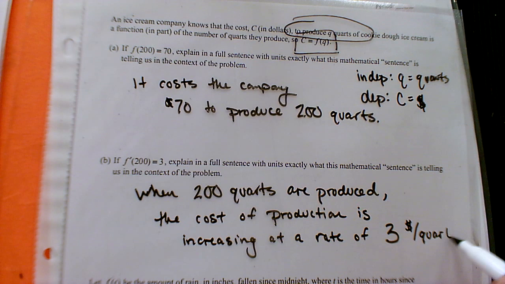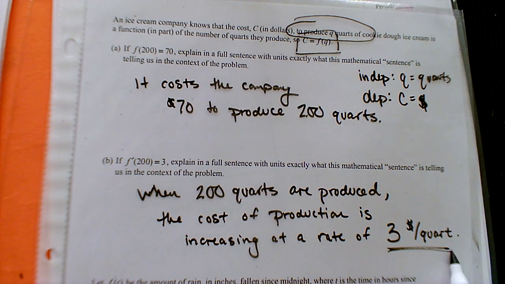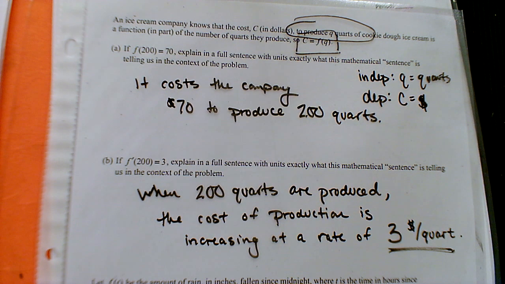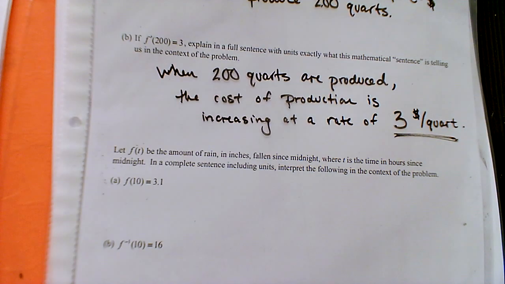Dollars per quart. So maybe producing 200 quarts is not as efficient because the cost of production is increasing. You want to try to make that as minimal as possible, right? At that moment in time, when they produce 200 quarts, this is the rate at which they're costing their company some money. $3 per quart. Good.